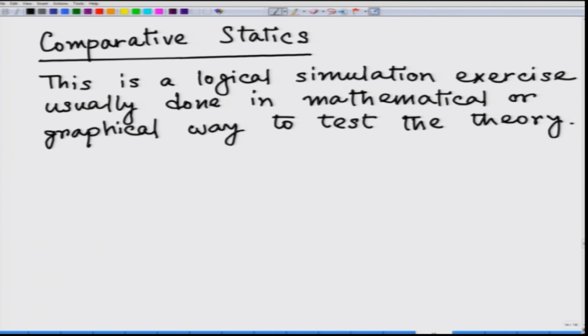Now, let us go back to that discussion on theoretical models.